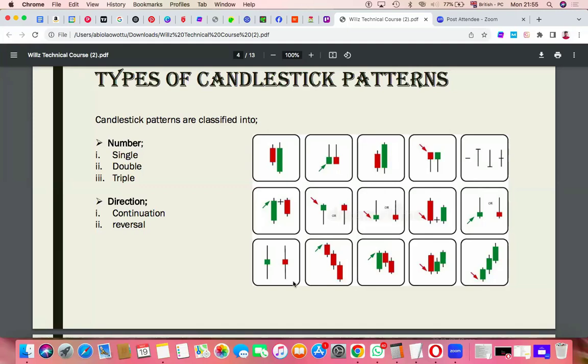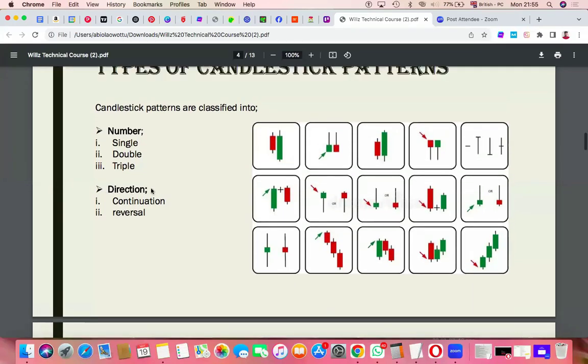We then go down now to give you the definition of each and every one of these candlesticks. So we have a bullish engulfing, we also have doji, we have three soldiers. We'll go to the definitions right now, but just know it's very vital that we have single, double, and triple patterns. When you see them on your chart, they are communicating something to you, and you are able to spot moves and directions.